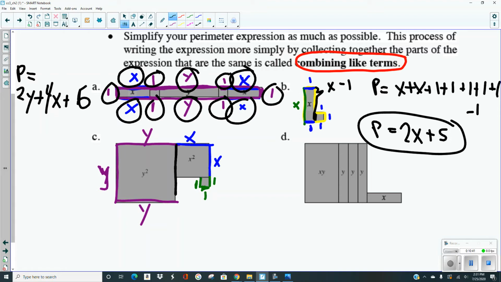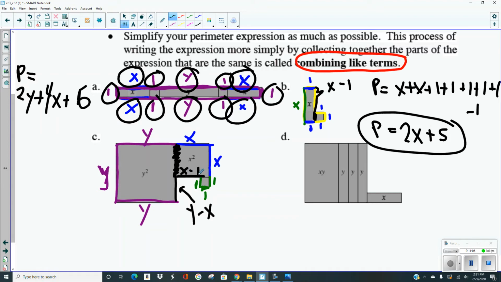So here the full side length would be Y, but because this part is not on the outside of the shape, we only need this part, which is Y minus X. And then this part here is not the full X, it is X minus 1.